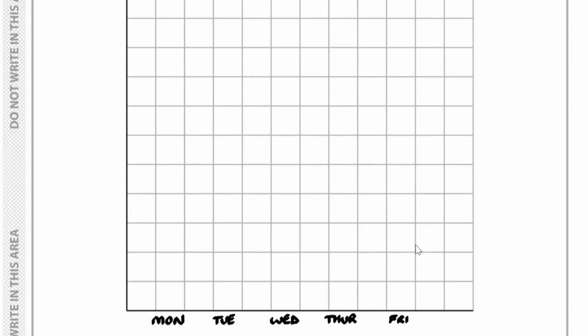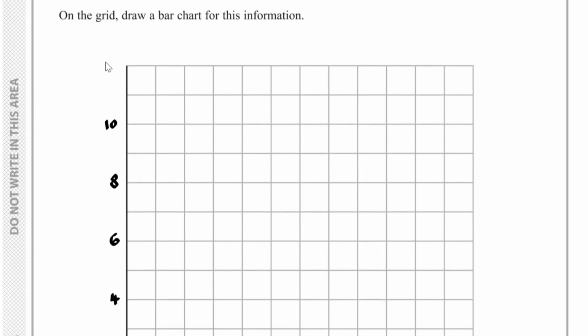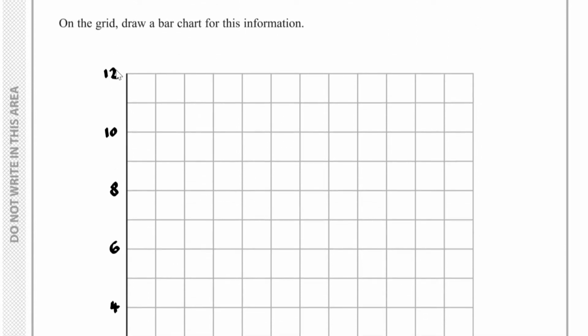So we've got the days of the week: Monday, Tuesday, Wednesday, Thursday and Friday. And if we create a scale, we've got 0, 2, 4, 6, 8 and 10. And we could go up to 12.